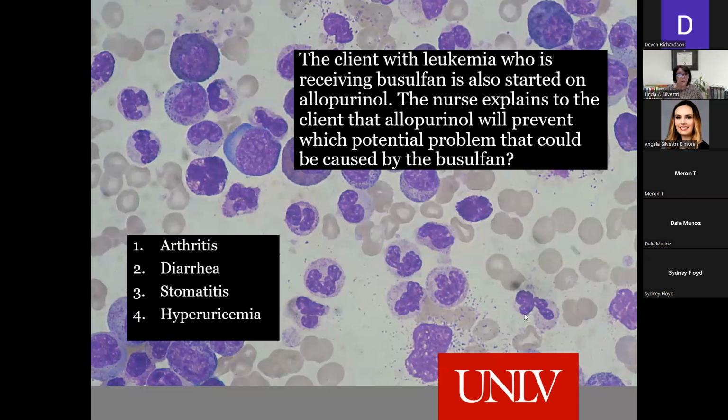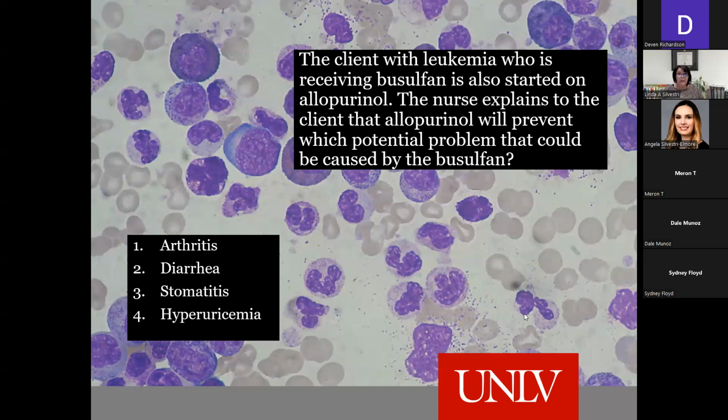When chemotherapy is given, what ends up happening is that chemotherapy kills cancer cells, also normal cells, but it kills the cells. And when the cells are killed, they burst. And what is released into the bloodstream is uric acid.